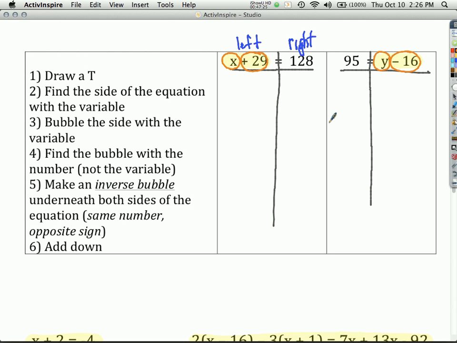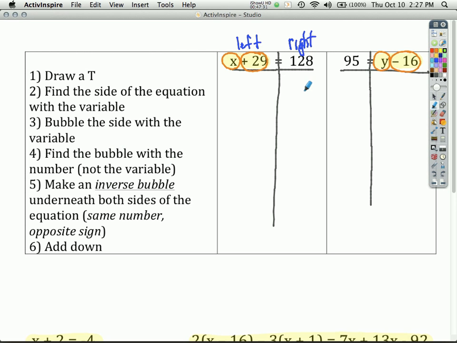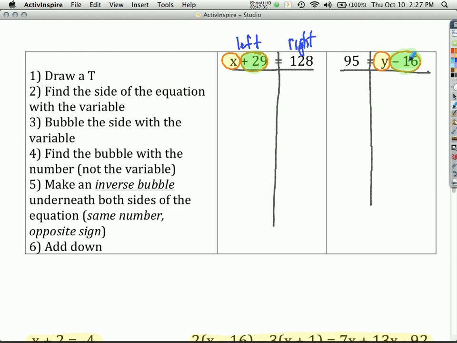Very good. So now, when I say find the bubble, I am saying now you should be looking here. And now you should be looking here. That's the whole point of my first 4 steps, is to make you focus right there. So when you get used to doing this, that means you can skip steps 2, 3, and 4.